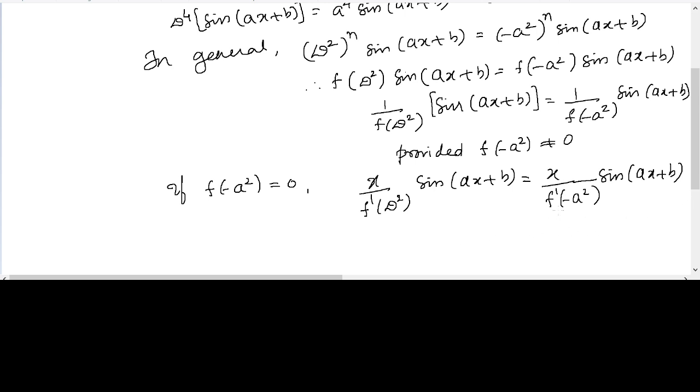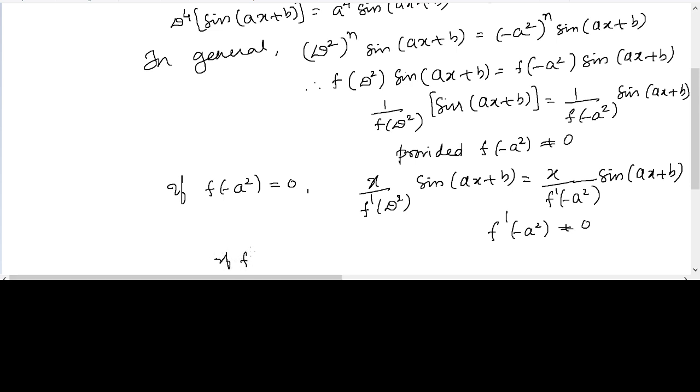Suppose here also, as we discussed in case 1, if f dash of minus a square not equal to 0, then it is fine, and if it is equal to 0, then we have to repeat the above process. So here also we write f dash of minus a square not equal to 0.